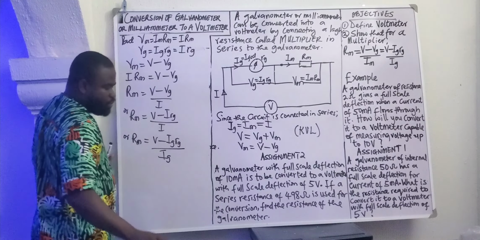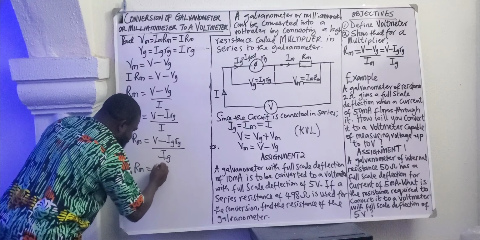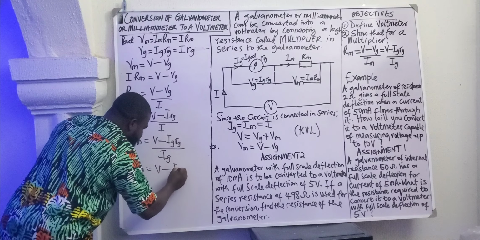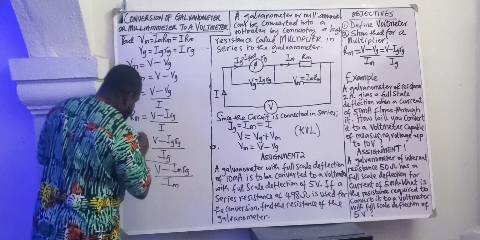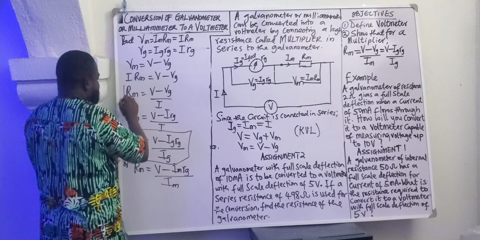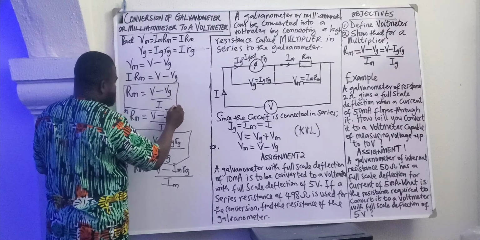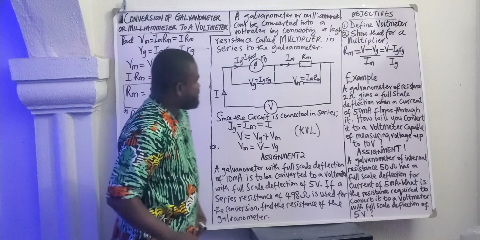The same current flows through them. So I can also write it as R_M is equal to V minus Im R_G over Im, in terms of Im. So the choice is yours, although the more applicable is this. So take note of this and also this in terms of the voltage. Remember, once an equation has been obtained, you can be asked to look for anything. Is that clear?